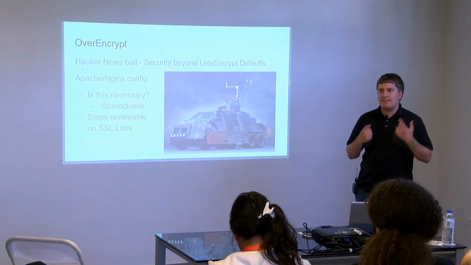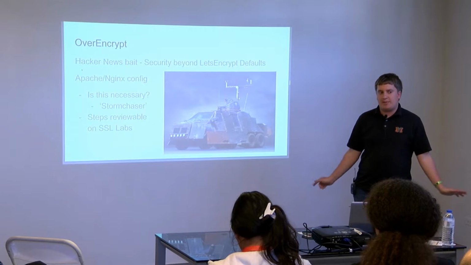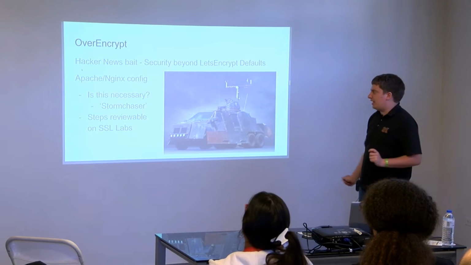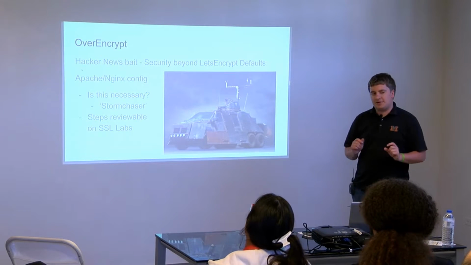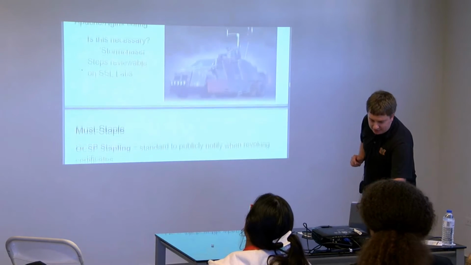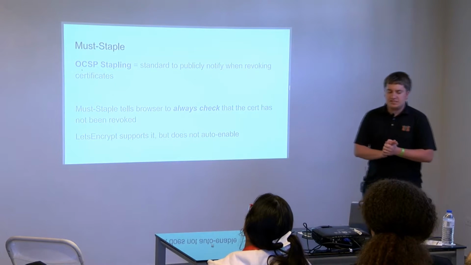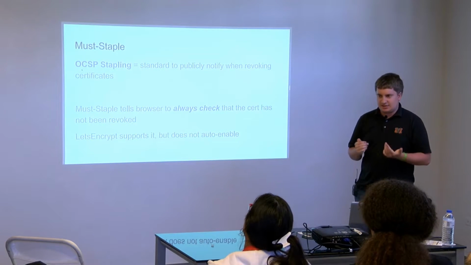Or how can I maximize my security? Or what settings are out there that I don't even know about that might help me in some way? So it's a document that explains this, and then I'm trying to create a command line interface. I'll just give you some examples of what these settings are.